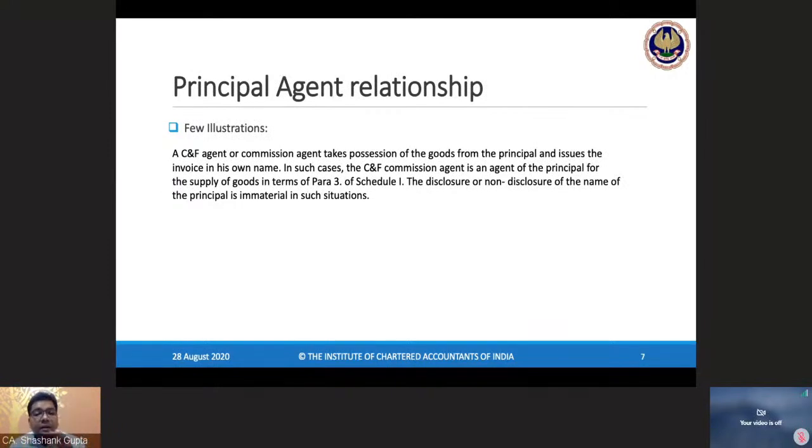That is why the principal-agent relationship, where the agent is undertaking supply on behalf of the principal, has also been covered under Schedule 1. So if you think through the concept, if you think through the basic genesis behind such conditions, you can retain this longer, understand it better, and the entire concept becomes more friendly.